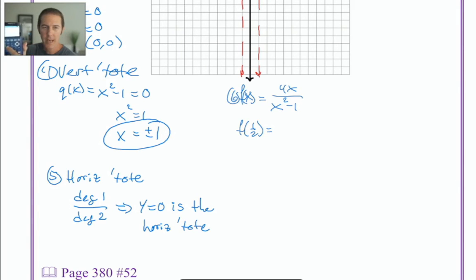And then I'm going to hit this X button over here, which has a few different variables on it. It's got an X and a T and a theta and a lowercase n. So this is just right on the home screen. I'm typing this 4x divided by, open parentheses, x squared. The square button is in this left-hand column. X squared minus 1, close parentheses, enter, and I get some weird number that I wasn't expecting.